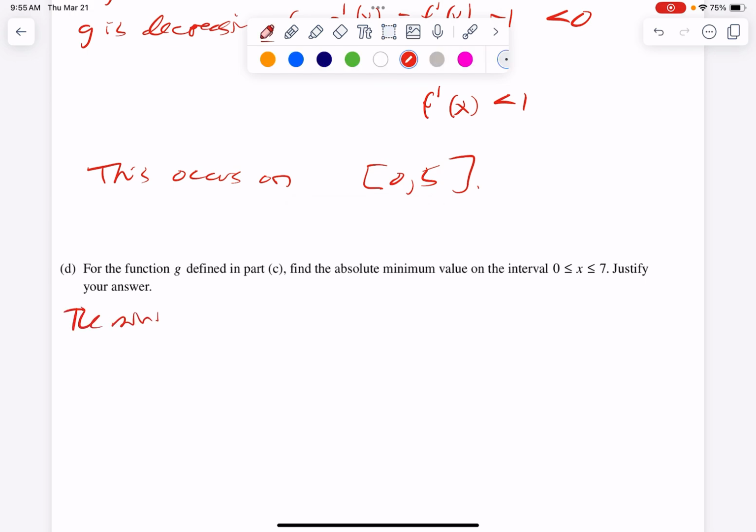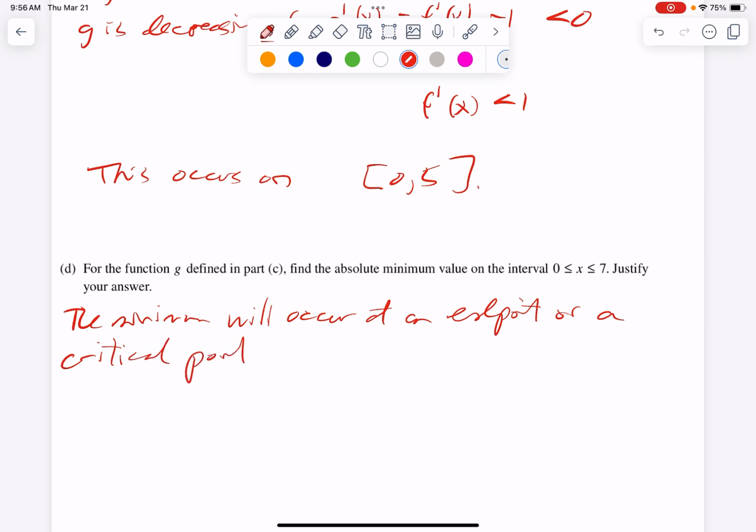The minimum will occur at an endpoint or a critical point. I'm just going to write that sentence to demonstrate my knowledge, and then let's use that to guide us forward. So our endpoints are x equals 0 and x equals 7.